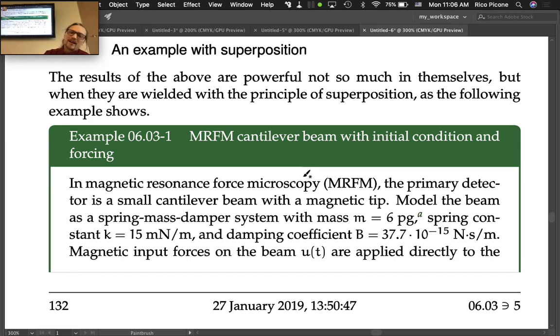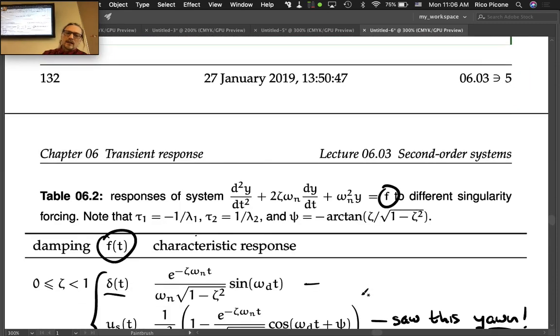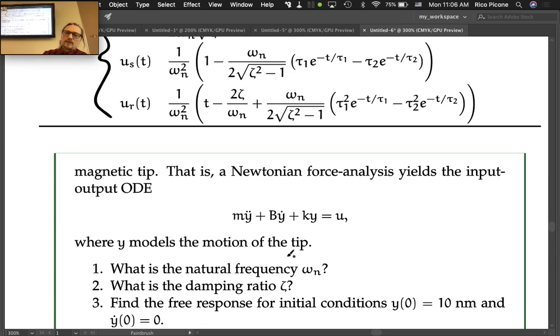Magnetic input forces on the beam, u of t, are applied directly to the magnetic tip. That is, a Newtonian force analysis yields the input-output ODE given here. So we don't have to derive that ODE, I'm giving it to you.